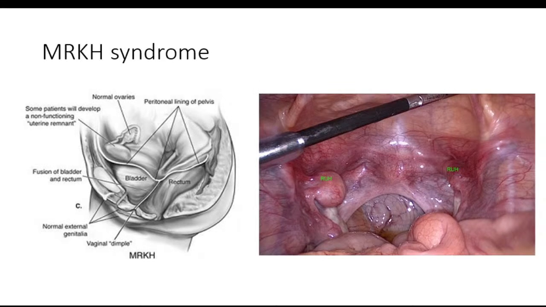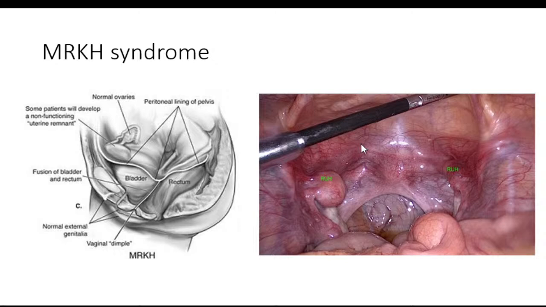You can see on this photograph and the picture, this is a cross-section, sagittal view of the female pelvis, and only the remnants of the fallopian tube, and you see normal ovaries over here, normal bladder and rectum, and no uterus here.